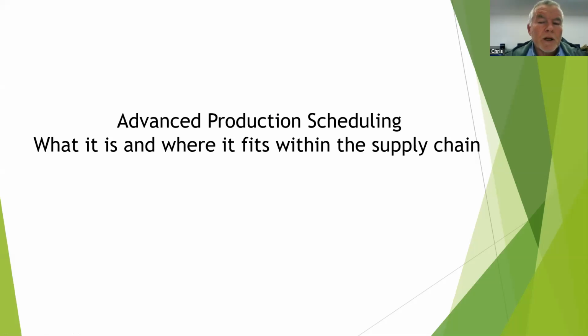We can talk about advanced production scheduling, what it is and where it fits within the supply chain. Tanya did mention that I would compare it to other techniques, and we'll do that as we go through the process as opposed to specific comparative analysis.